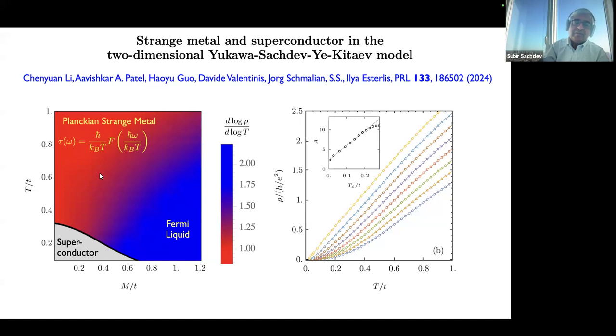And in this region, you get what's called Planckian behavior, where the scattering time is inversely proportional to temperature, and the resistivity is a linear function of temperature. This is the same data shown here for the resistivity at different values of m/t as a function of temperature. And this looks strikingly similar to many experiments, not just in the cuprates, but many other materials.